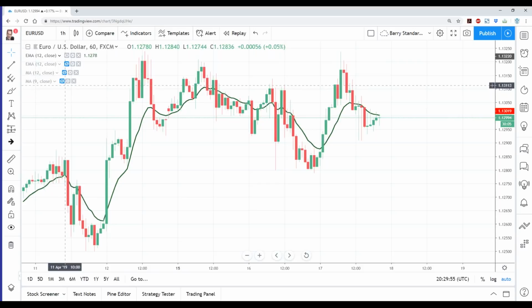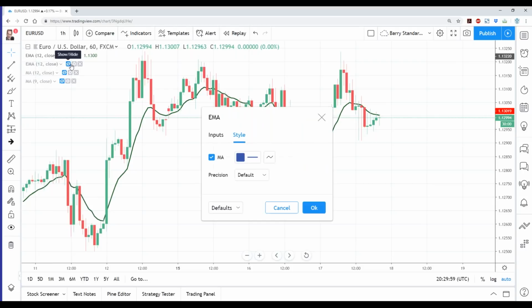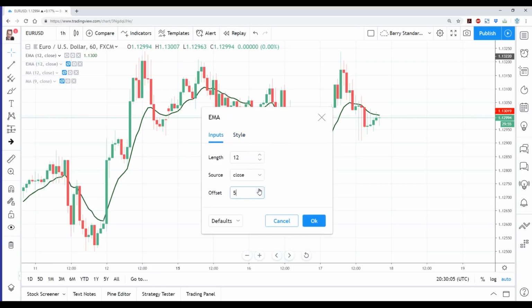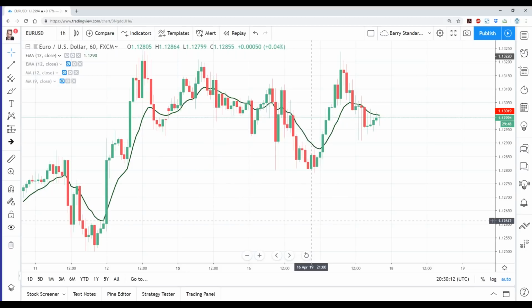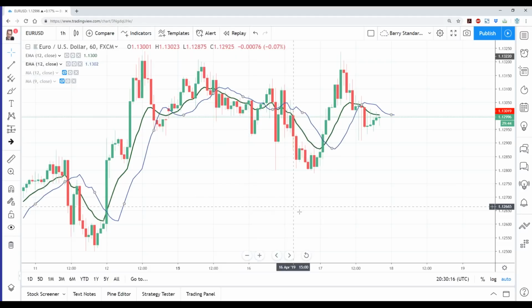If I were to take this EMA and all I'm doing is using the same calculations, but I'm going to shift it forward. I'm going to offset or displace it 5 time frames. Okay. So if I click on here and put it on the chart, what happens is you see now that EMA line, which is now the blue line, is the same exact line, same movement, same calculation, but it's been shifted forward.